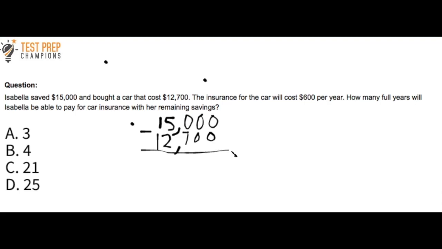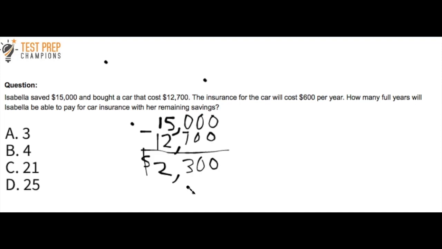You just figure, okay, she starts with 15,000, and then she spends 12,700 on a car. And how much would she have left after that? She'd have 2,300 left. And now the insurance for the car is going to cost $600 a year.